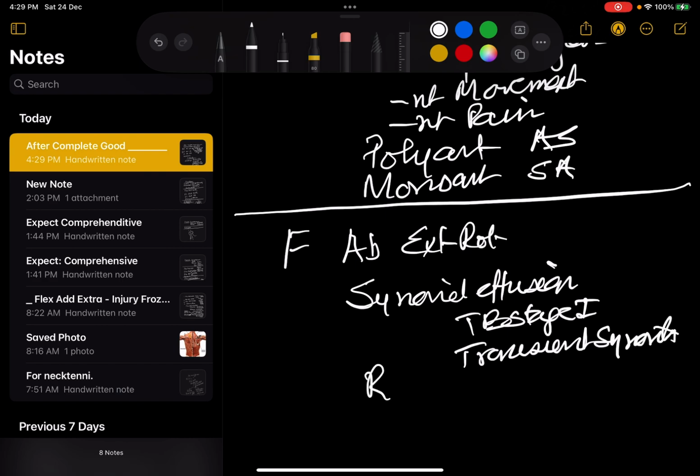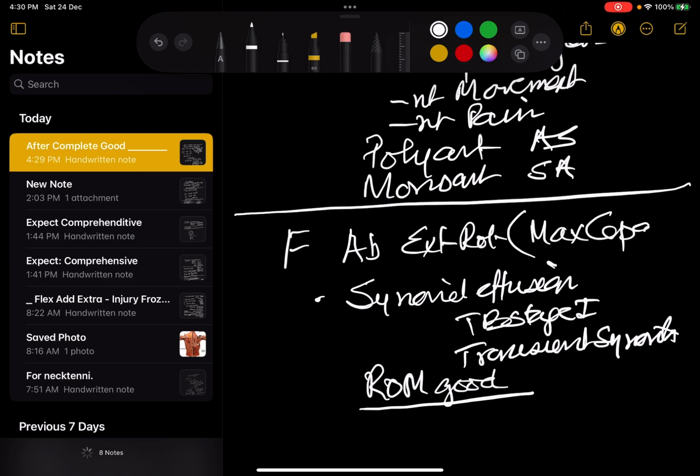Here range of movement is good and the joint has gone into flexion, abduction and external rotation because this position provides the maximum capacity.